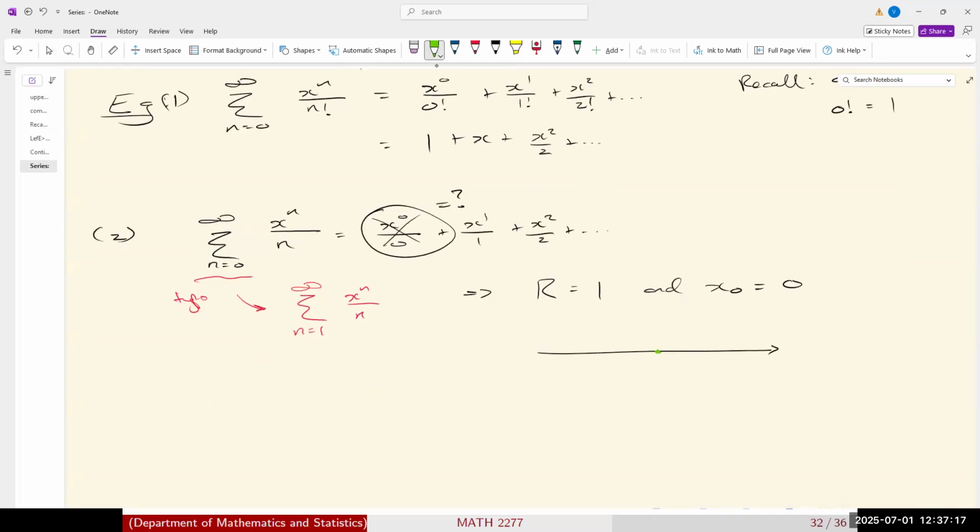So here's x0, here's r equal 1, right? So here's 1, and here's minus 1, right?